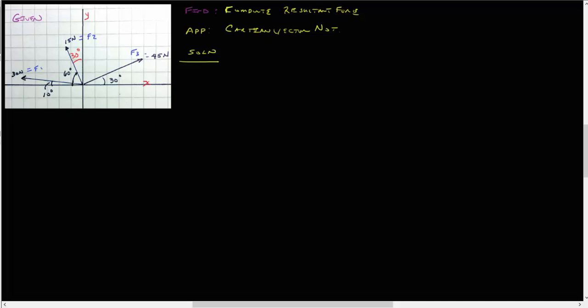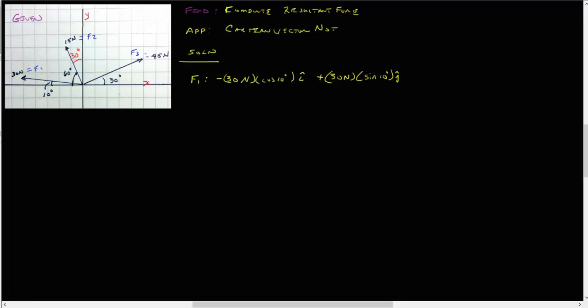So force 1, we could say is, now it's going in a negative x direction, so we can say negative 30 N times the cosine of 10 degrees, and this is in my x direction, or using the notation of i, plus 30 newtons, because notice that this would be going in a positive direction, going up, times the sine of 10 degrees, and that's my j hat.